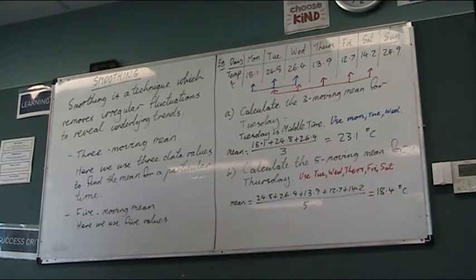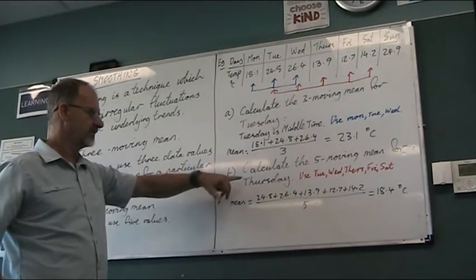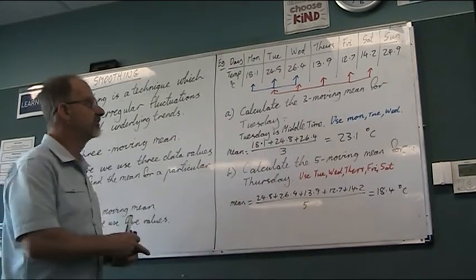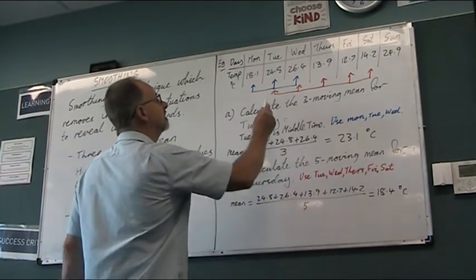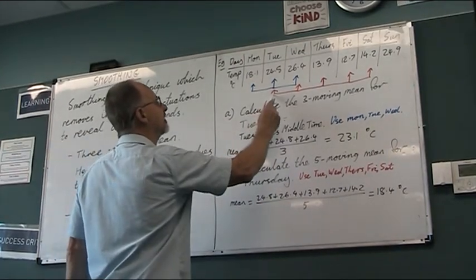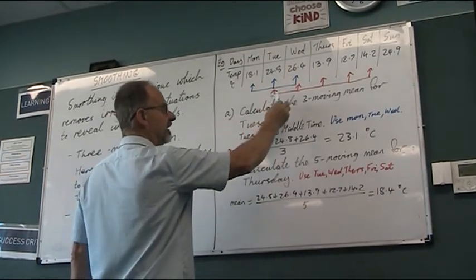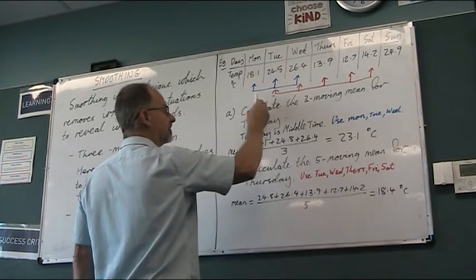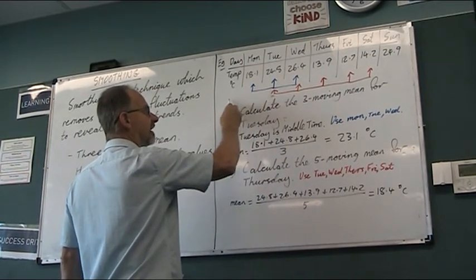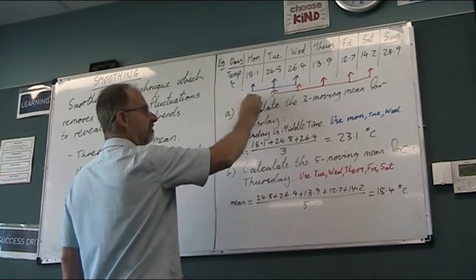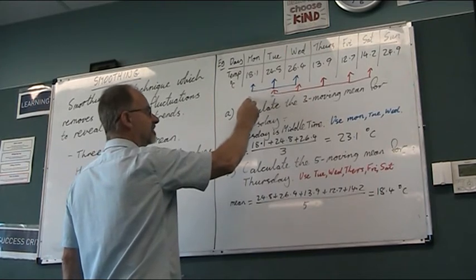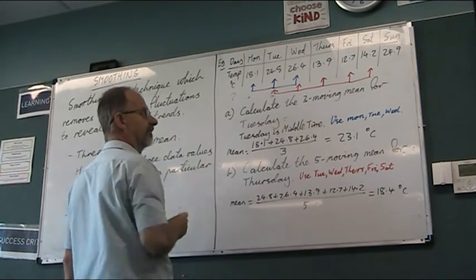All right, now, I mentioned before when I first wrote it up that we couldn't do a 5 moving mean for Tuesday, and I said I'd explain about that later. If Tuesday was our middle term and we wanted a 5 moving mean, we would have to take 2 either side. And we don't have 2 down here. We've got this Monday, but we've got nothing there.